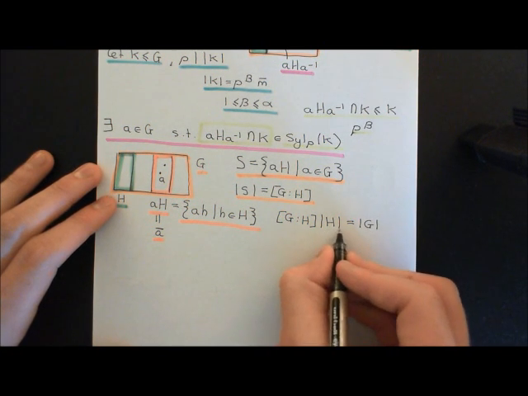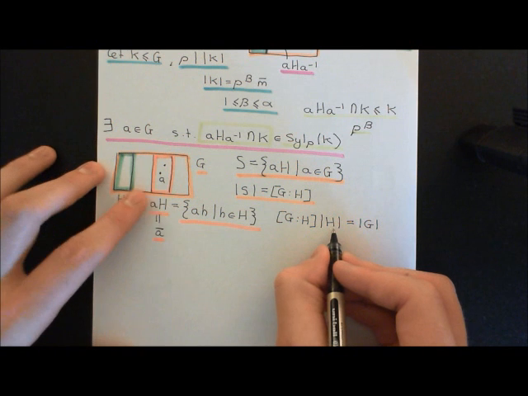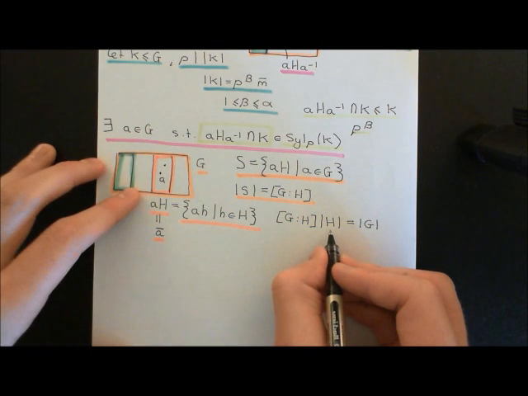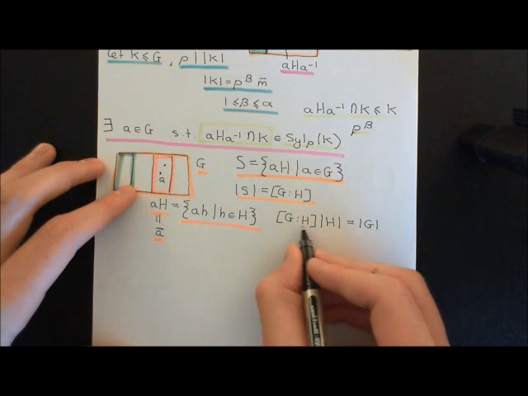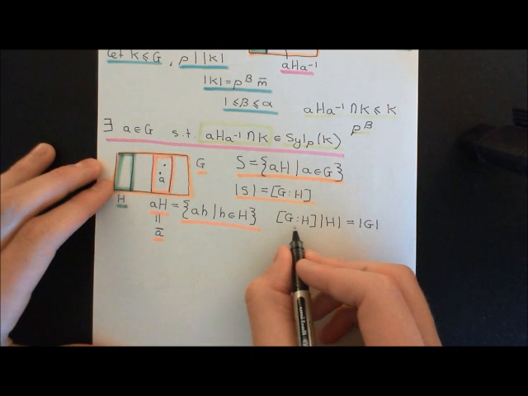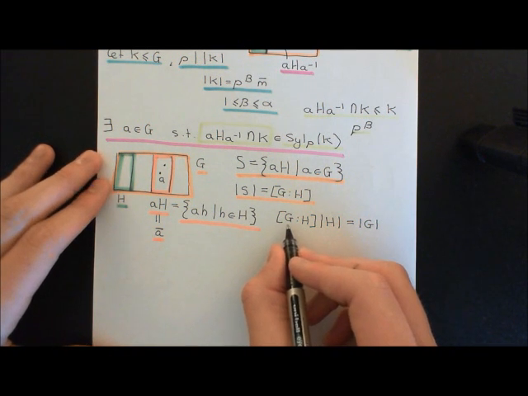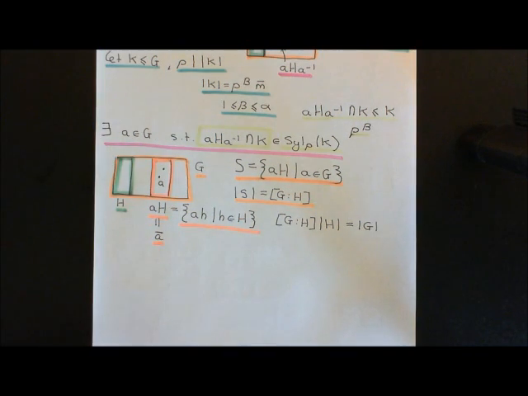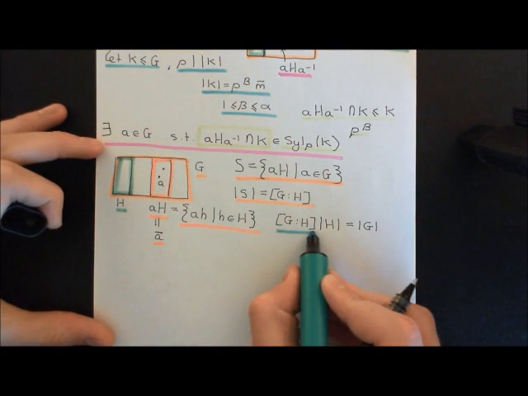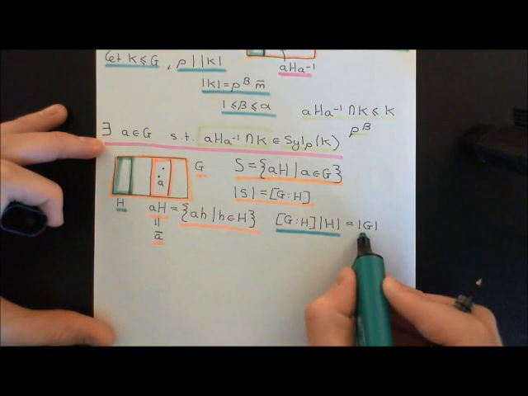This takes the order of the subgroup capital H, and indeed the orders of all the cosets of capital H, and multiplies that by the number of left cosets of the subgroup capital H in the group capital G. Together that gives you the order of the entire group.